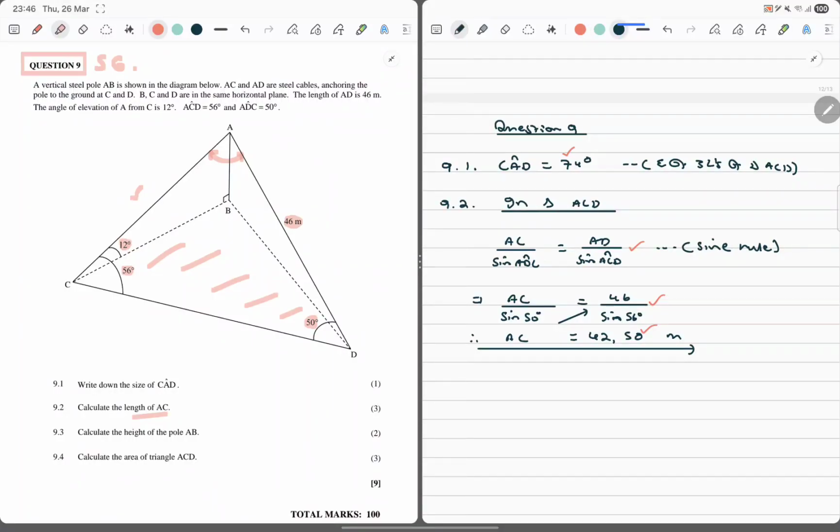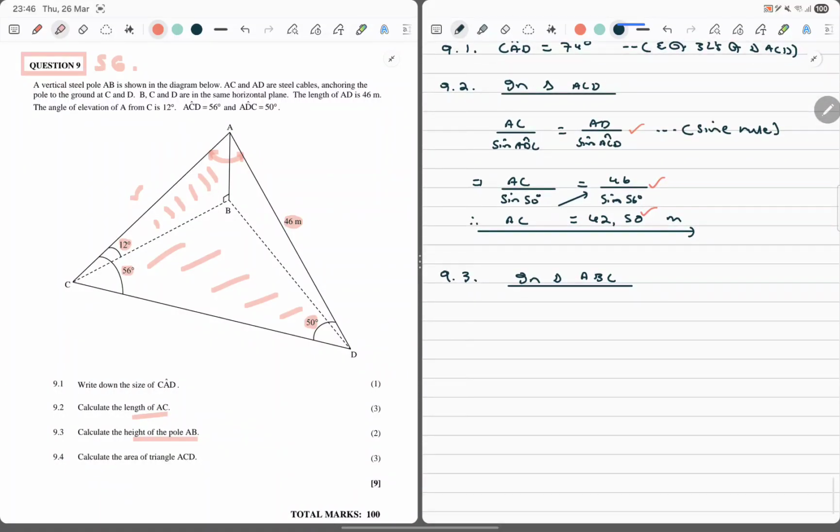Substitution, answer. Right, 9.3 says we need to calculate the height of pole AB. So we're going to work in triangle ABC. Sine of ACB is going to be AB divided by AC.